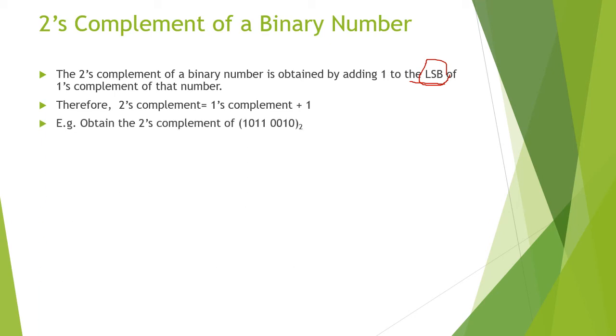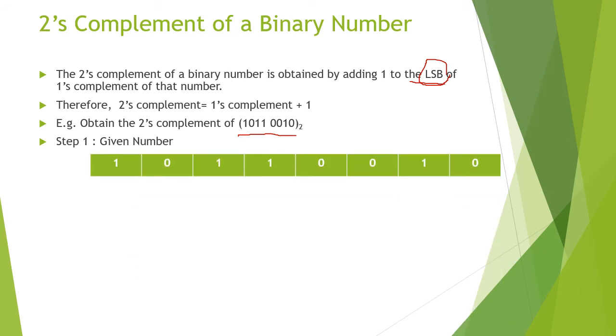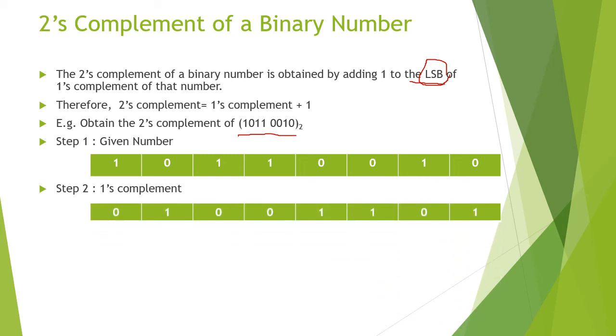Let us take one example. Here we have to find out twos complement of this number. So first let us write the given number that we have written over here. Now first of all we have to find out ones complement of this number. So replace each 1 with 0 and each 0 with 1. After replacing we are getting this number, which is 0 1 0 0 1 1 0 1.